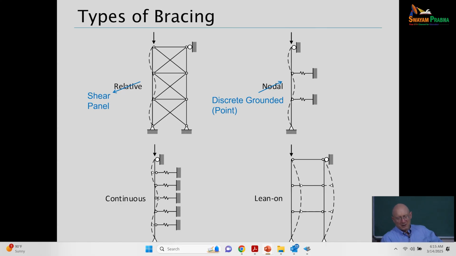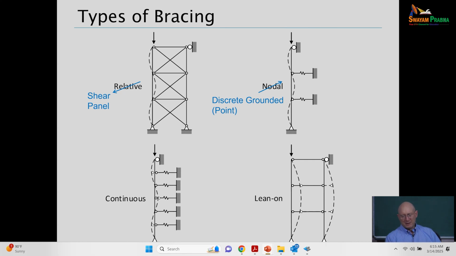But in this case, let's suppose that's some element in the air horizontally, and we put some cables up to a point on that member and basically restrain movement at that point by attaching cables from both sides down to dead men on the ground. That would give us a brace there, but each of those braces is essentially independent from the other brace. So we have what we call a point brace or a nodal brace or a discrete grounded brace situation.